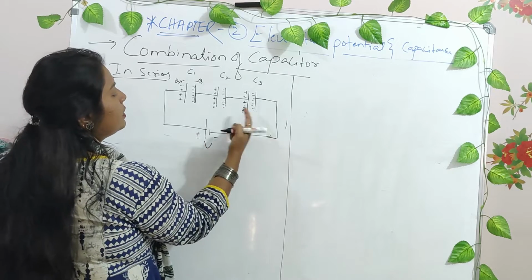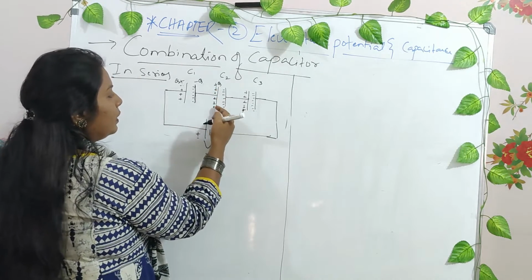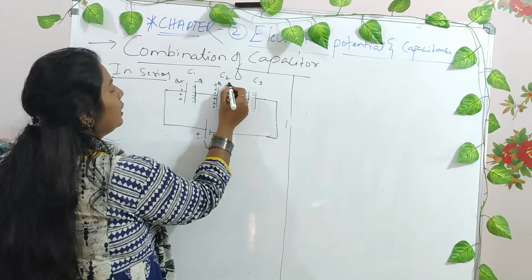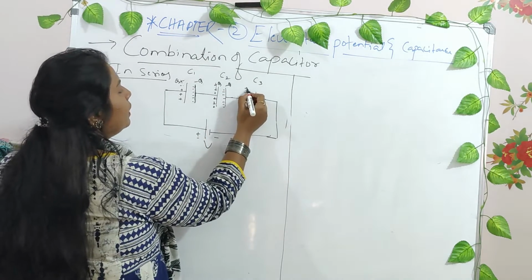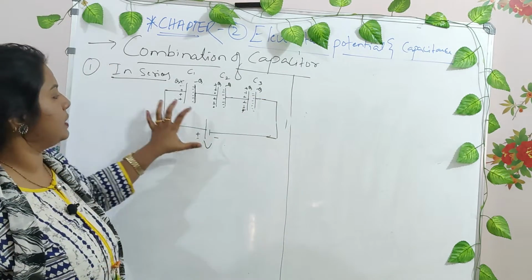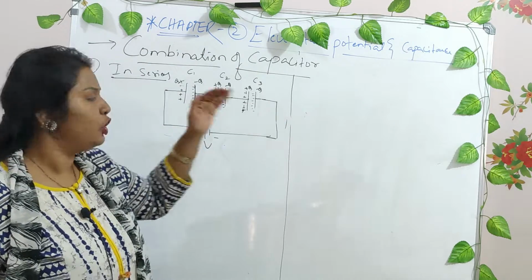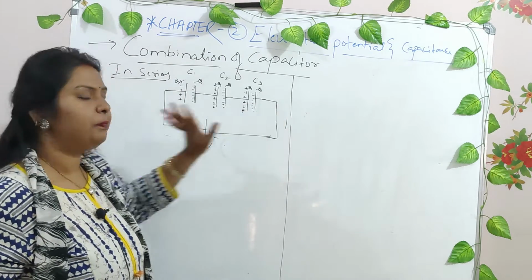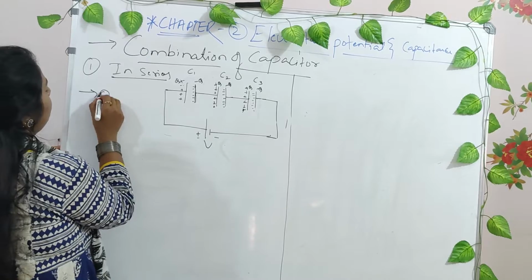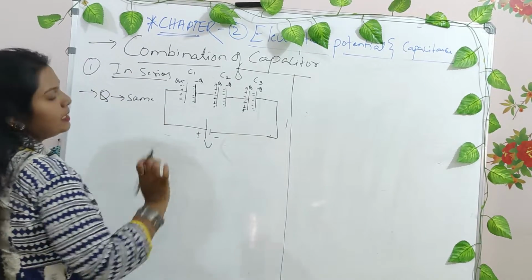It carries the same thing for the rest of the two plates, that is positive Q, the same amount of negative Q here, positive Q, and the same amount of induced negative Q here. What does this arrangement mean? The charges remain the same throughout the plates, and hence Q is the same in all the capacitors.